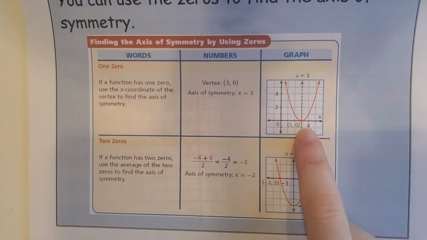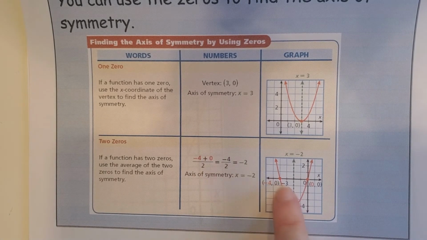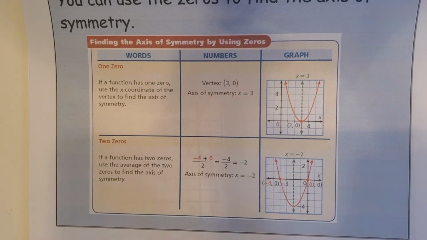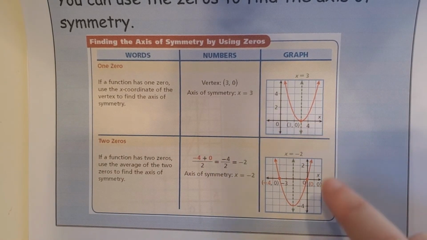One way is just to look at it, and the other way is to find the average of the two x values of your zeros, since the vertex is going to be exactly in the middle. Since we're just talking about visual stuff, I think it's way easier to look at all of this from a visual perspective. This does work most of the time, so if that makes more sense to you, absolutely go for it.